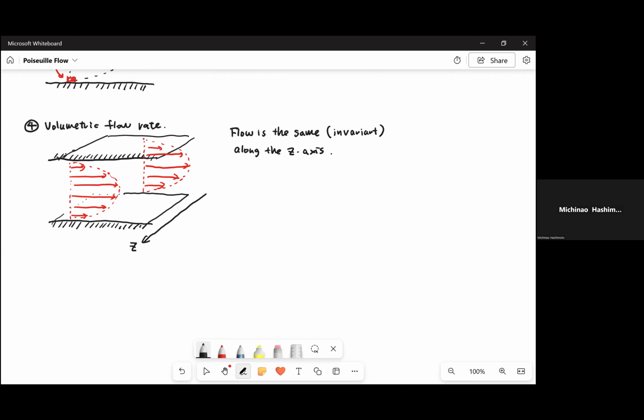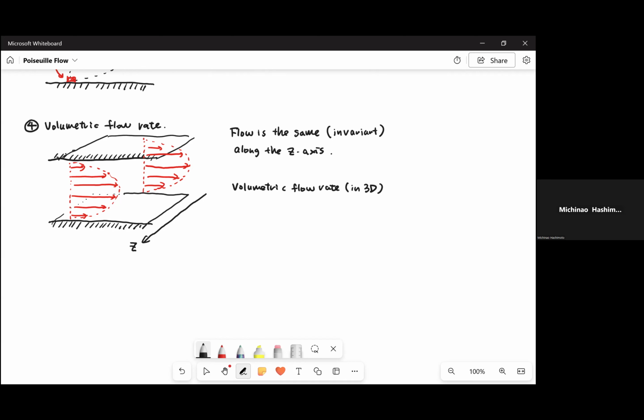So what does that mean? We can consider the volumetric flow rate in two ways. Defining the volumetric flow rate in 3D is something we have already discussed.